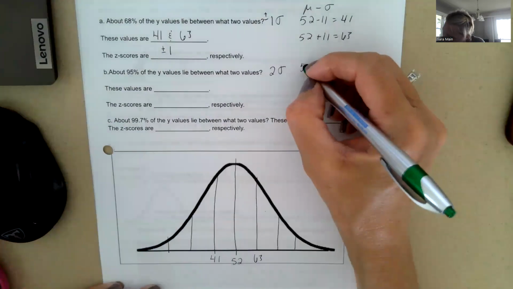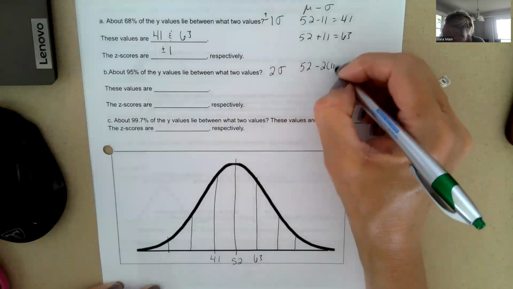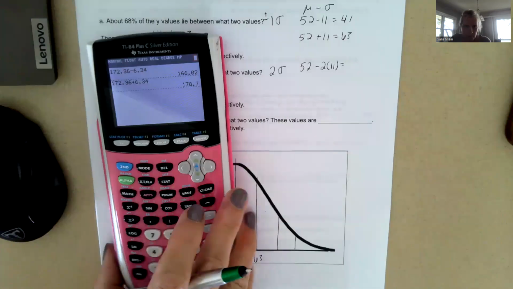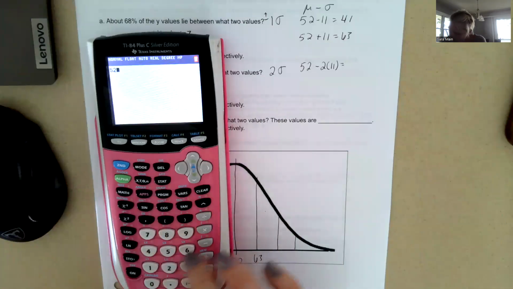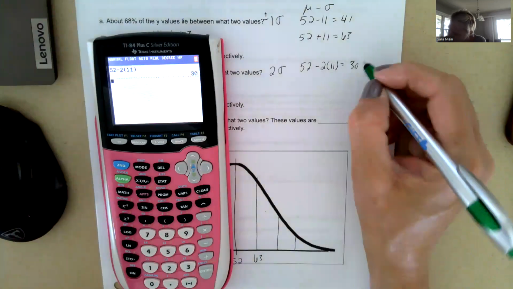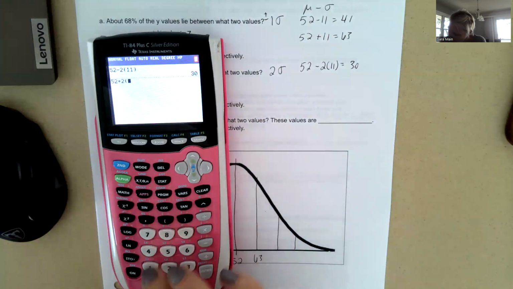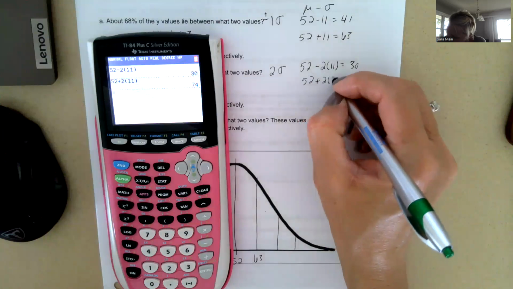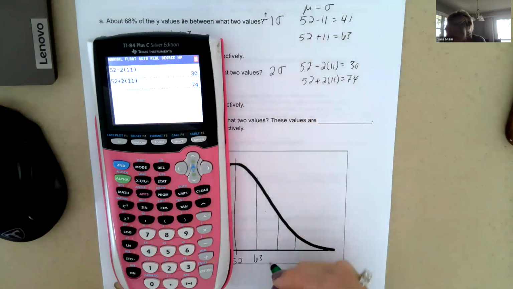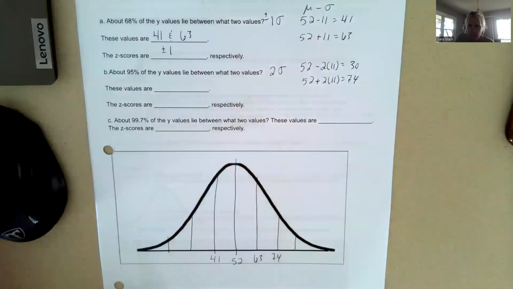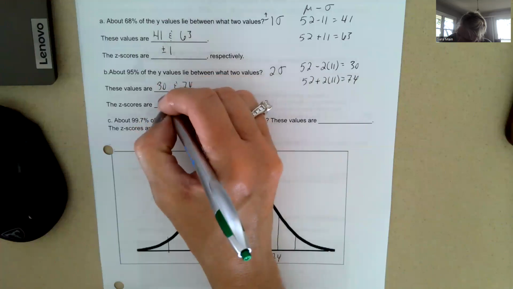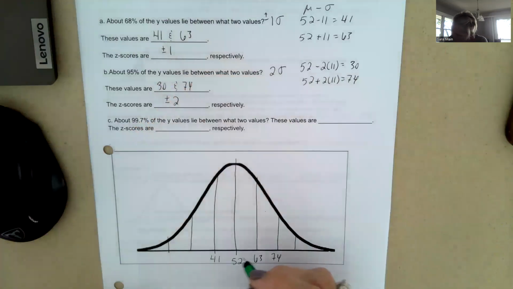Okay, so 52 minus 2 of the 11s is going to be 30. And 52 plus 2 of the 11s is going to be 74. So 30 and 74, plus and minus 2 standard deviations.